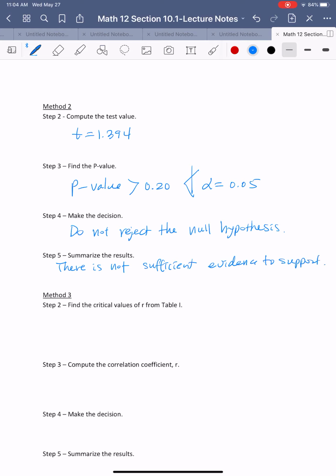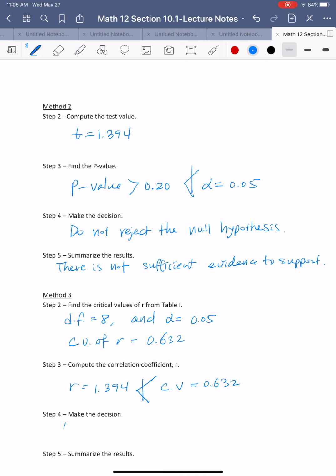Okay, so now method 3, using the value of r, right? So degree of freedom is 8, and alpha equals 0.05. Use table I, which is a previous table, and the critical value of r is 0.632. So now compare the r, which is 1.394, is it less than the critical value 0.632? It is not.